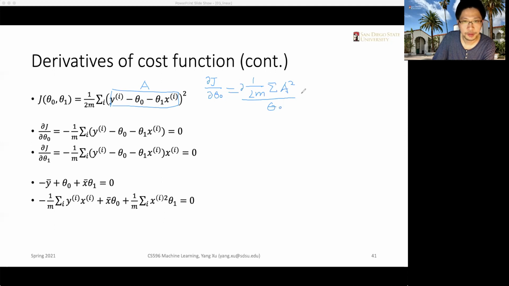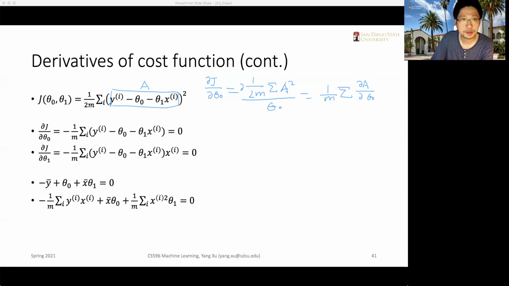So it should be 1/m times the sigma of, take the derivative of A with respect to theta 0.